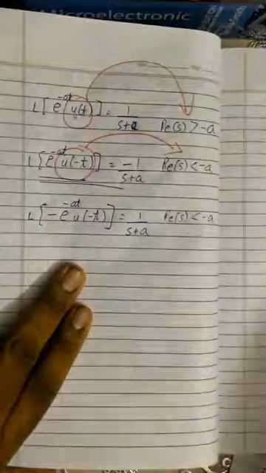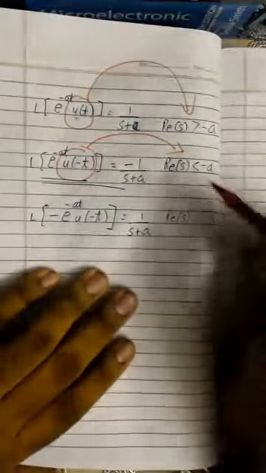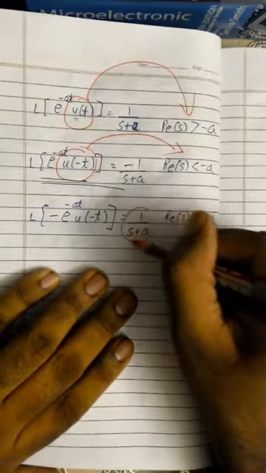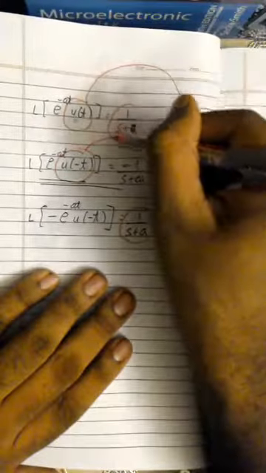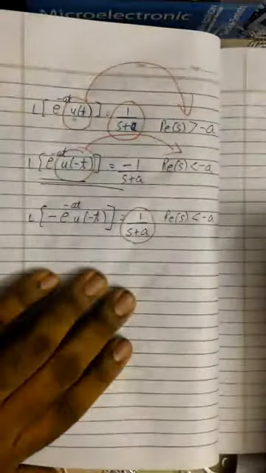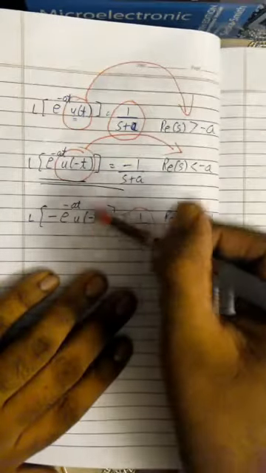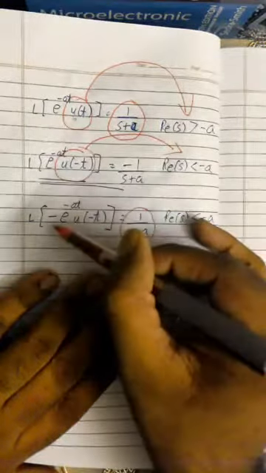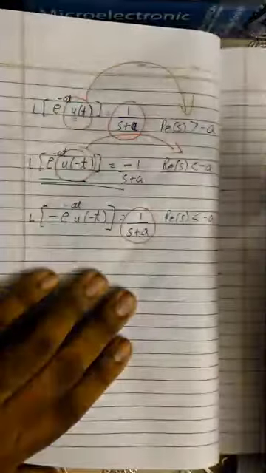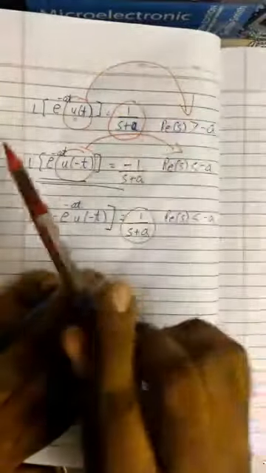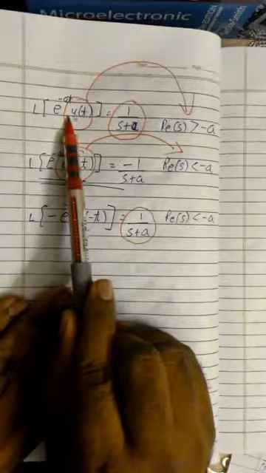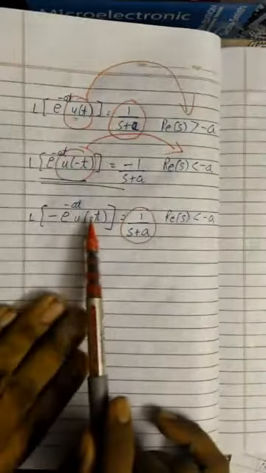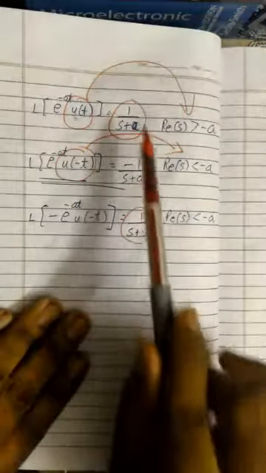So if you look over here very carefully, you can see that the Laplace transform of this and the Laplace transform of this are one and the same. Look at the functions. Here it is u of minus t, here it is u of t. Here there is a minus sign, here there is no minus sign. But the Laplace transform is the same.